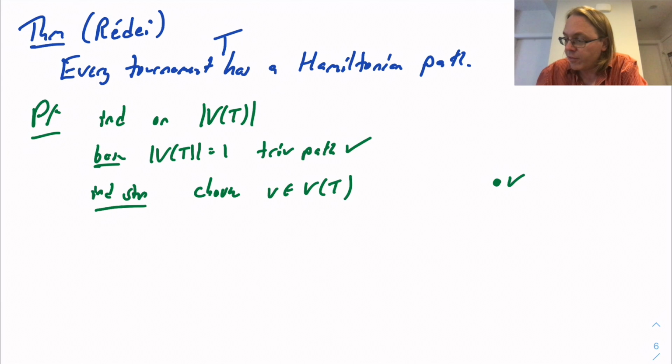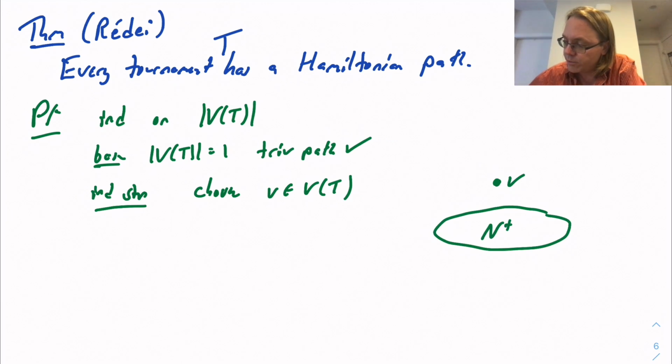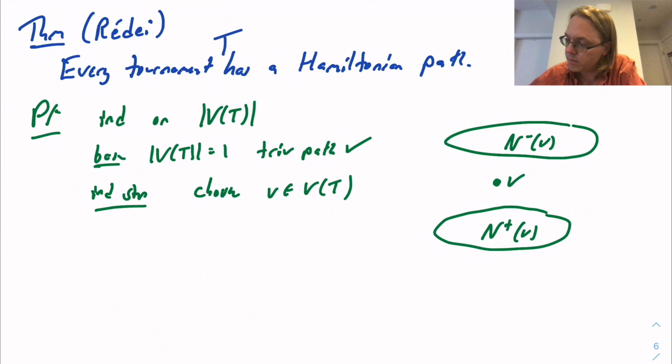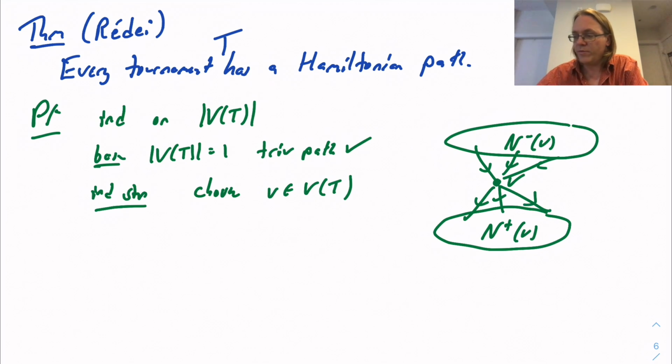And that means the whole rest of my vertex set splits up into n plus of v and n minus of v. All of these vertices have a directed edge to v, and all the vertices in n plus of v have a directed edge from v to that vertex.